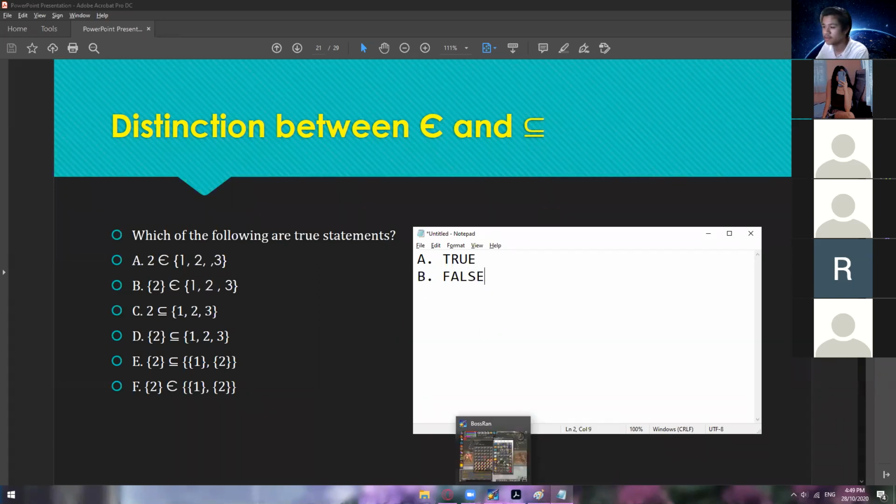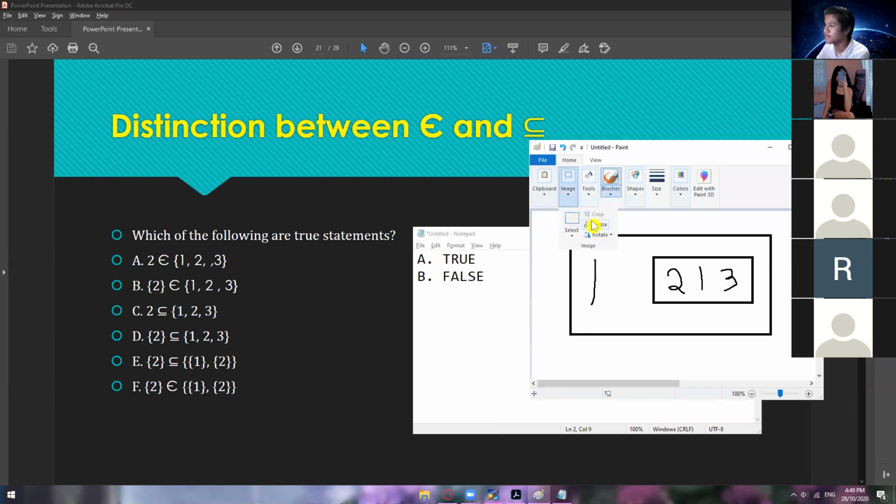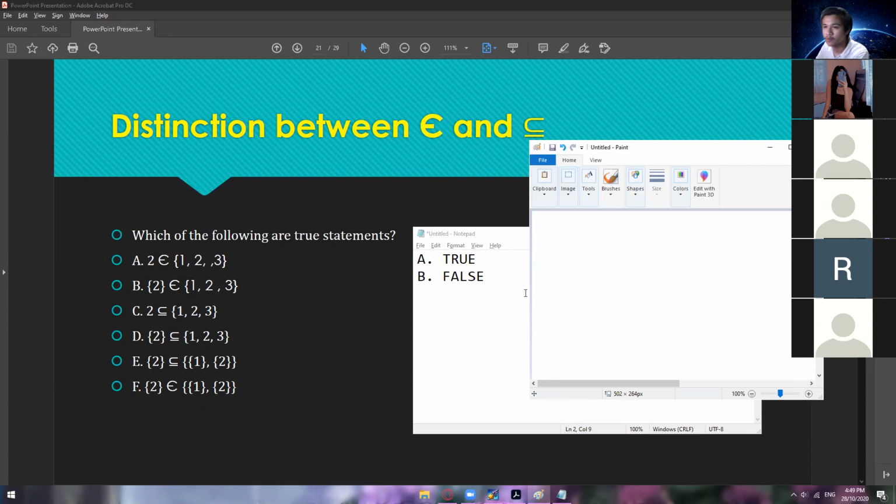So what we're looking for is a set that contains an element of 2, and then we're looking at the one here, which is a set which contains the elements 1, 2, and 3.